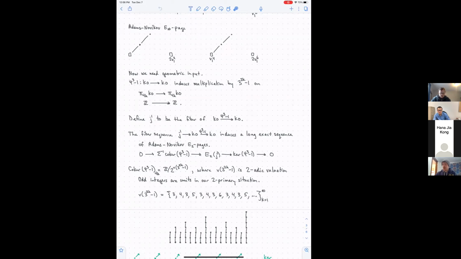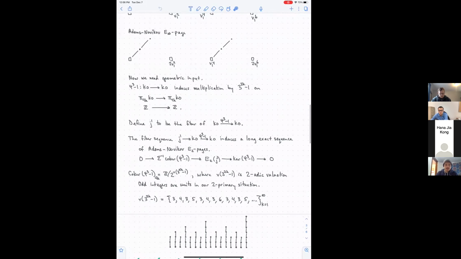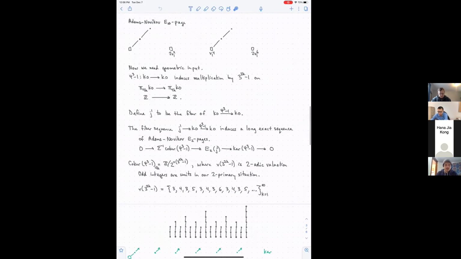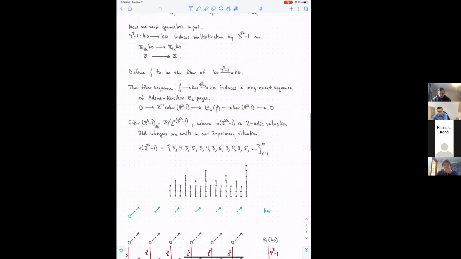We've got to have the kernel of psi3 minus 1 and the co-kernel of psi3 minus 1 with a shift, because there's always this shift when you look at these cofiber, these long exact sequences. Okay. And then we've got to figure out what the co-kernel and the kernel actually are.